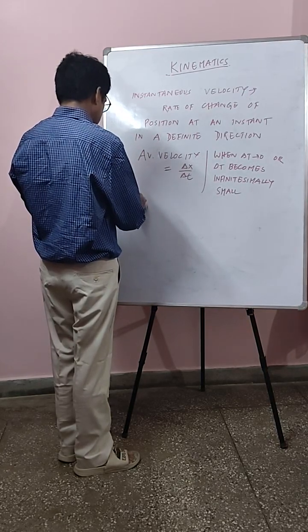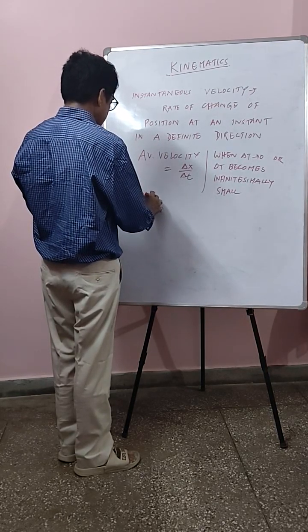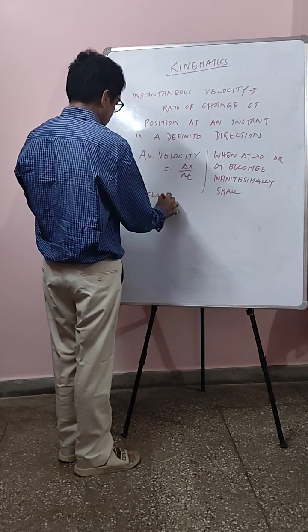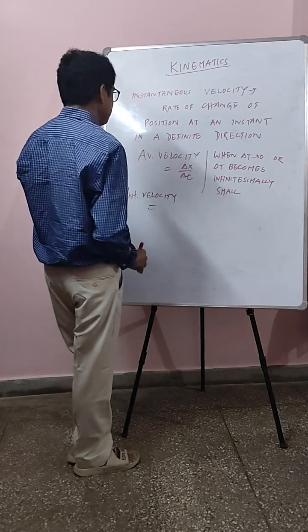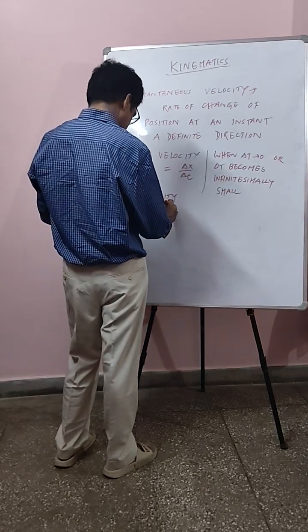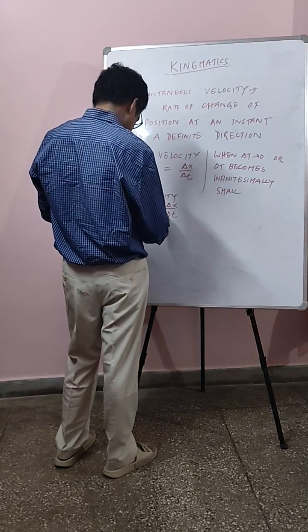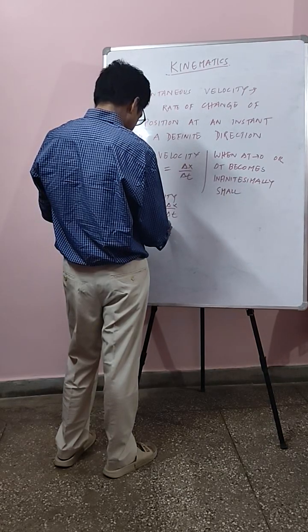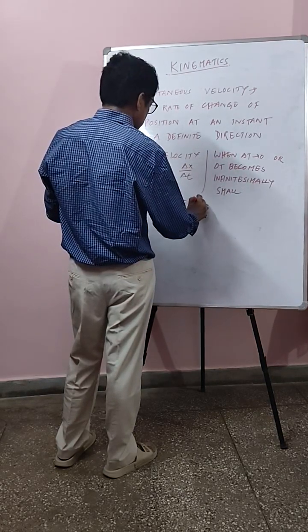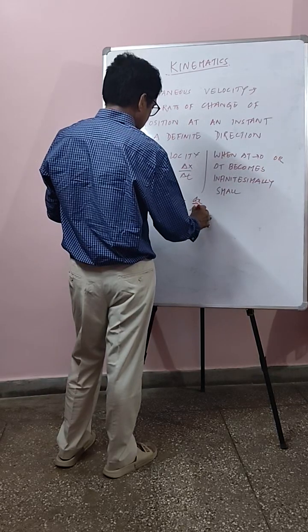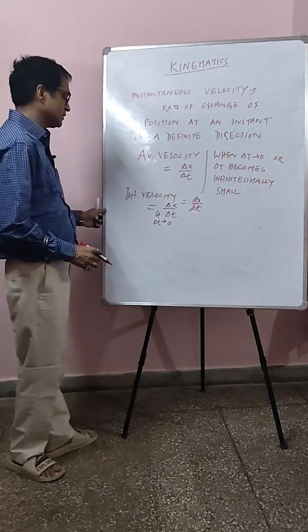So instantaneous velocity equals limit delta t tending to 0 of delta x upon delta t, which equals dx upon dt. So this is instantaneous velocity.